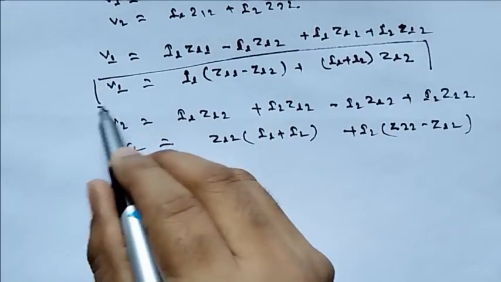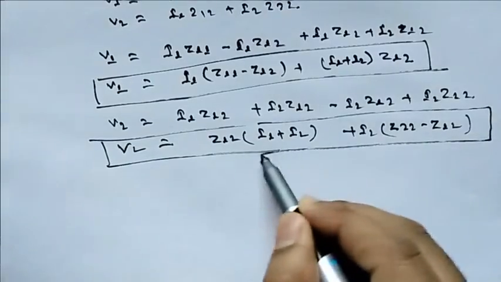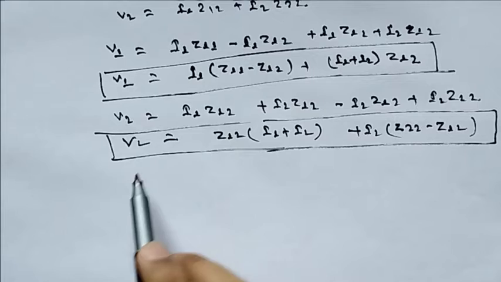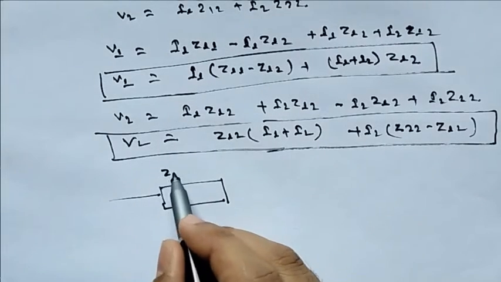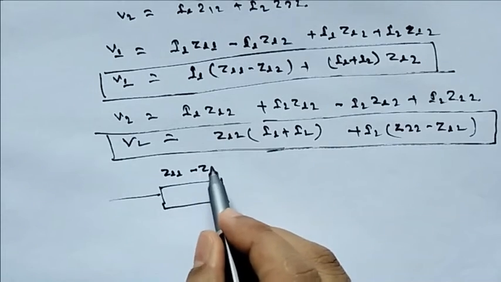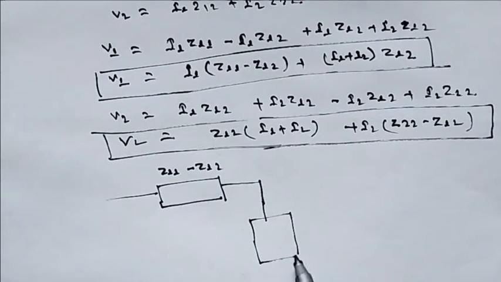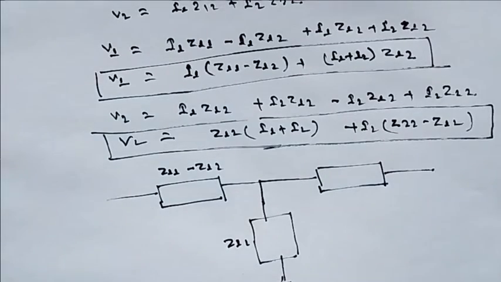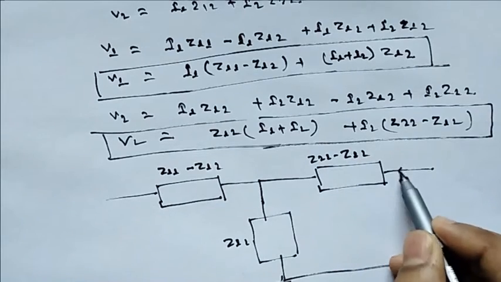If you look at this equation, V1 and V2, now if you draw the corresponding circuit, this is nothing but Z11 minus Z12, and this branch is nothing but your Z12, and this one is nothing but Z22 minus Z12.